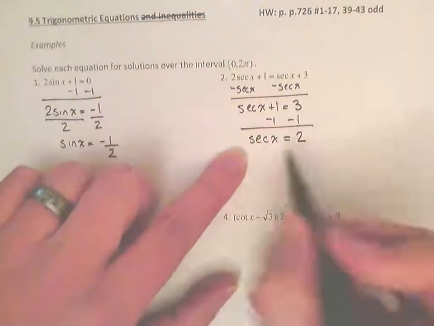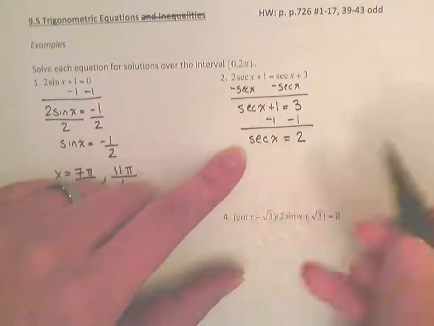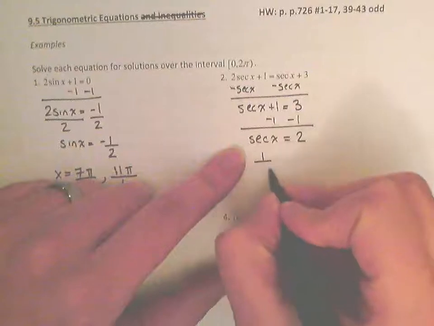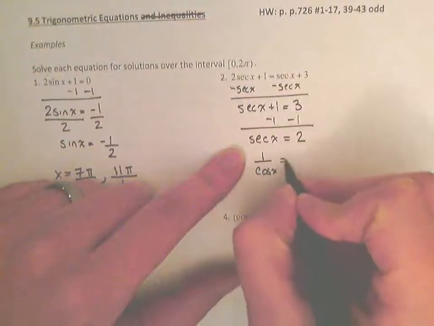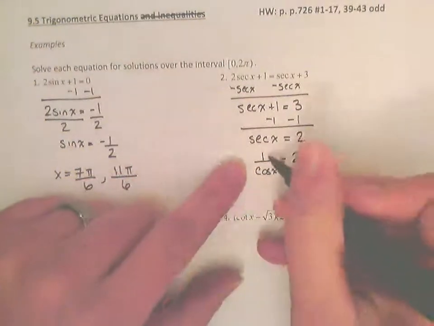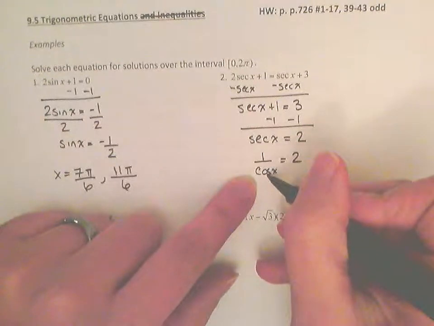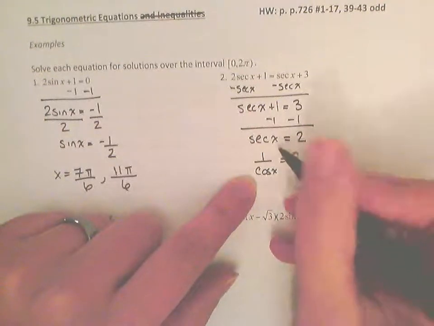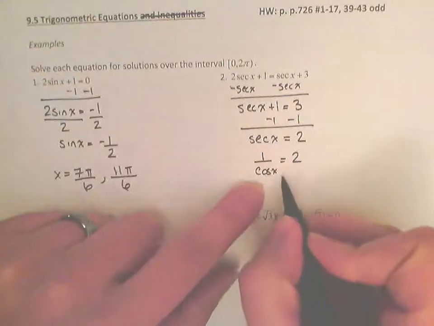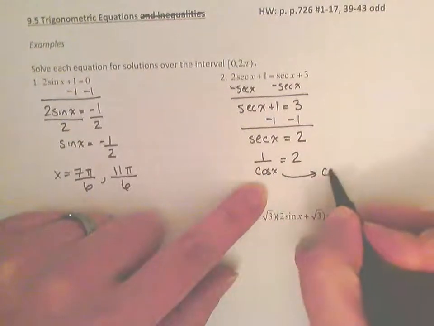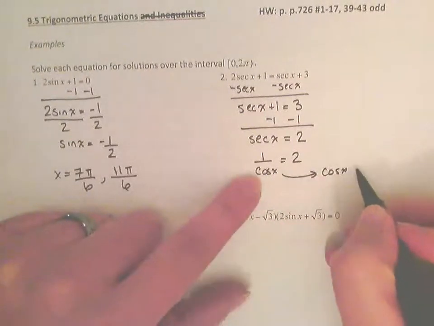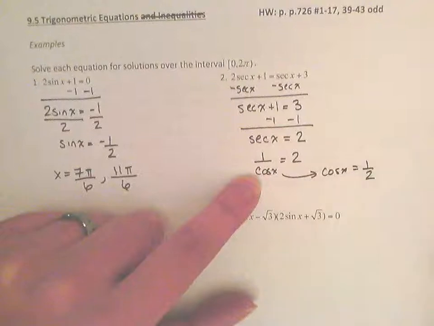So remember that secant of x is the same thing as 1 over cosine of x. So basically, for 1 over cosine of x to equal 2, what that means is that cosine of x, because it's in the denominator, has to be 1/2.